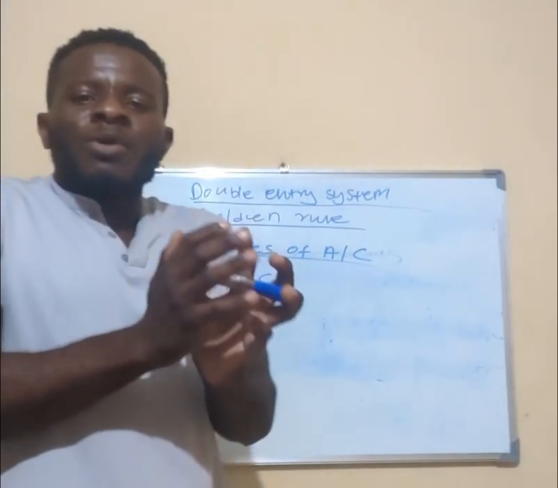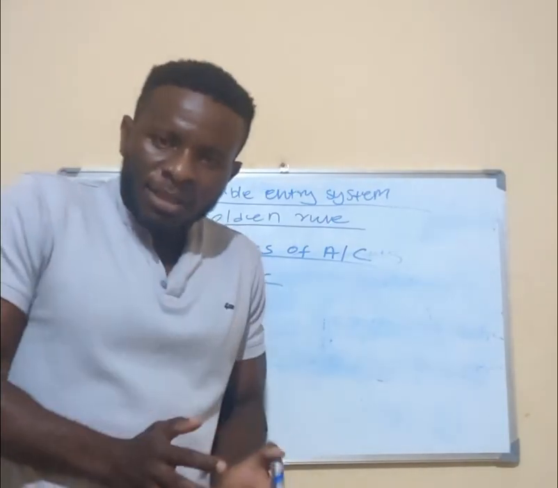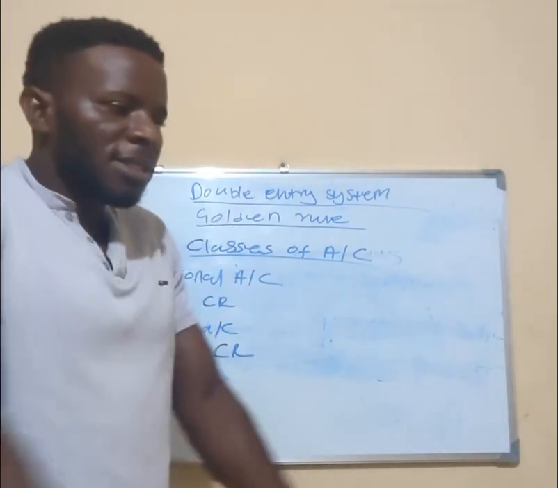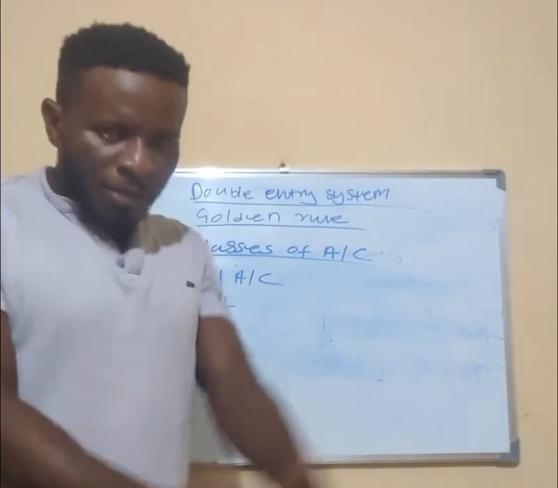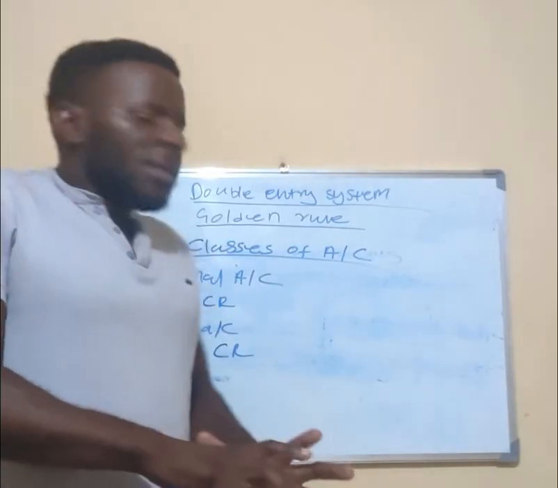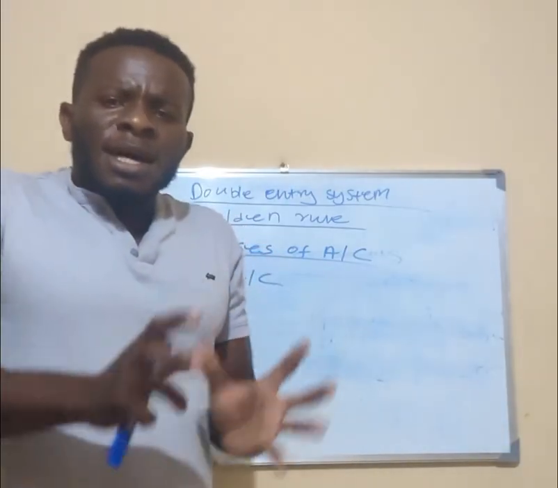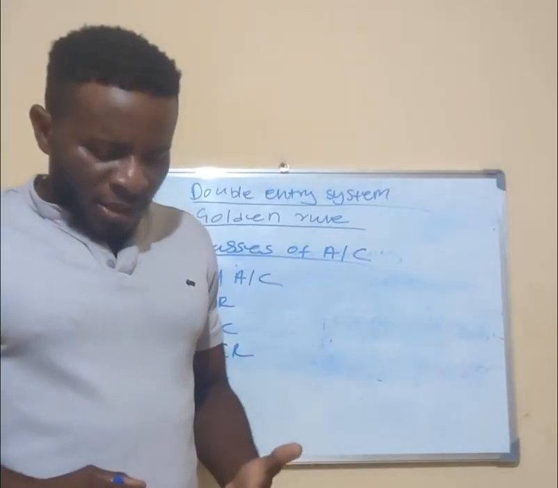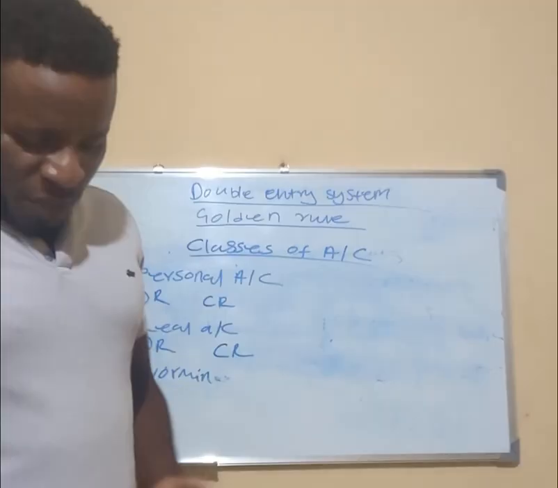It keeps a record of things that you are unable to see and touch. For example, I said rent, nobody has ever seen rent, salaries, commission received. So this nominal account talks about the income and the expenditure.